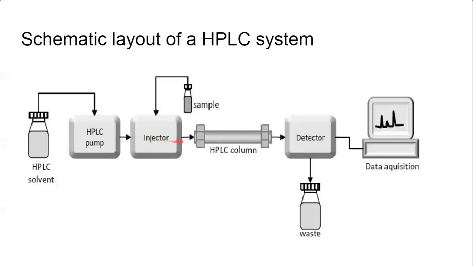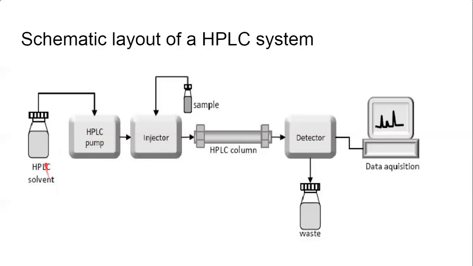Then this non-polar solvent will separate out the non-polar analytes from the sample mixture. The polar components of the sample will be strongly attracted or held by the HPLC column. Then how can we elute them?